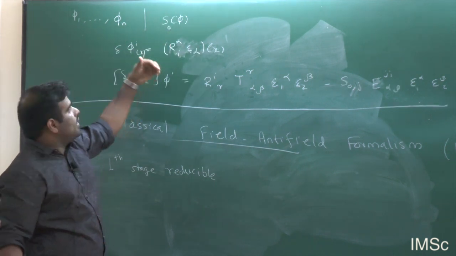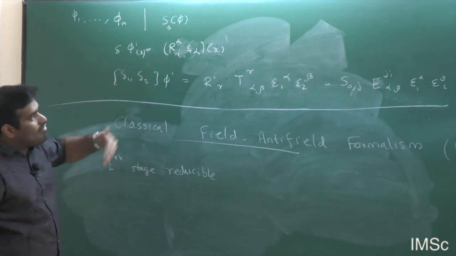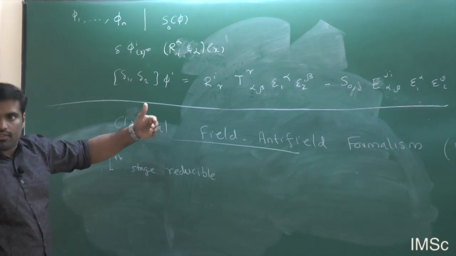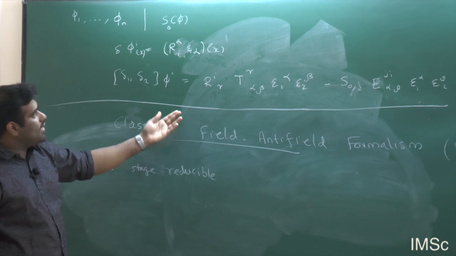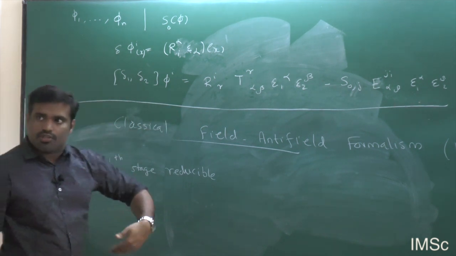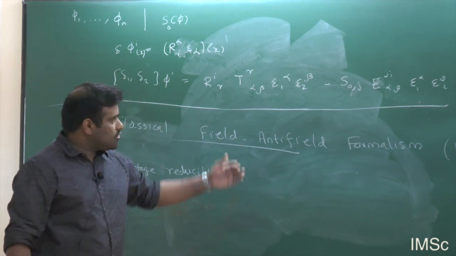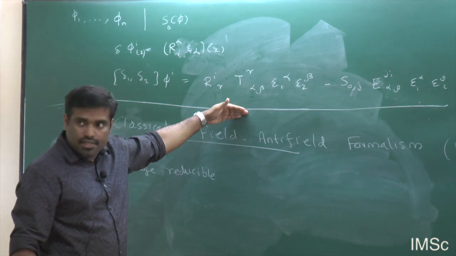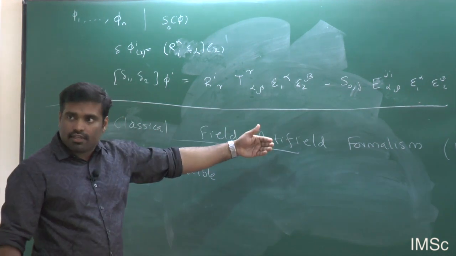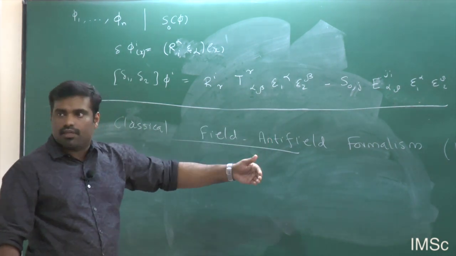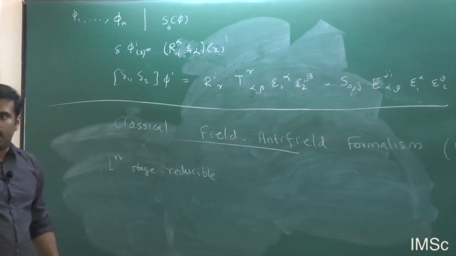Then you realize that this transformation itself has a gauge invariance. So that's the first stage gauge invariance, and the first stage gauge invariance may also have some further gauge invariance. So you go down up to the L stage, and then you don't have any further gauge transformation that keeps the L stage gauge invariance.